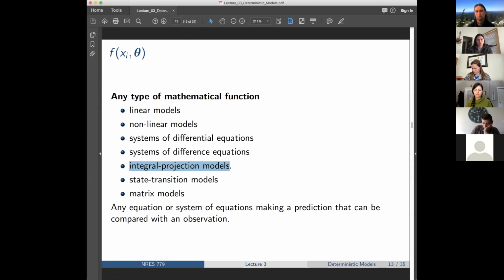State transition models are a discrete form of an integral projection model. So matrix models, Leslie matrices or Lefkovitch matrices, are deterministic models. Any equation or system of equations making a prediction that can be compared with an observation. So our task in the end is going to be to interface our observations with these models to estimate parameters.